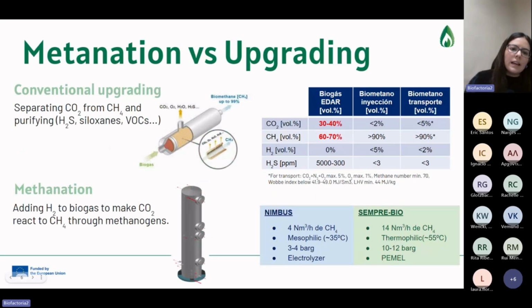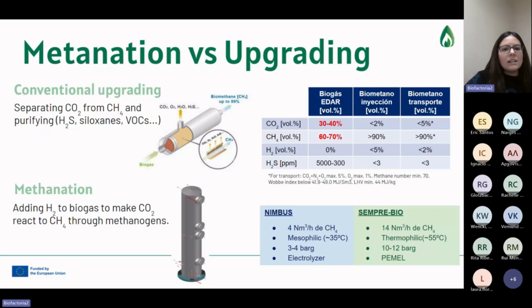In both projects, the starting point will be biogas obtained from the anaerobic digestion of the sludge from this urban wastewater treatment plant, resulting in biomethane. Biogas methanation is especially interesting because it valorizes the CO2 from the biogas, being a really good decarbonization technology.